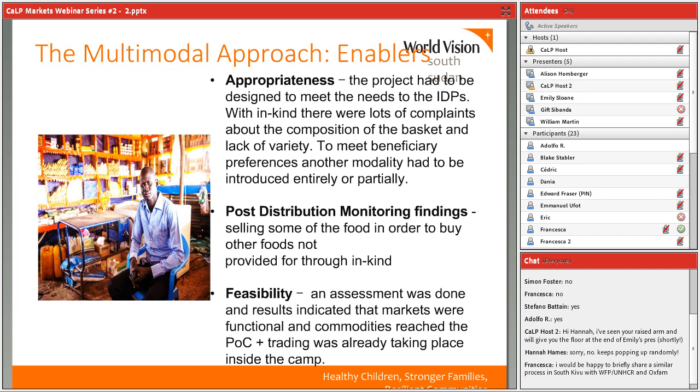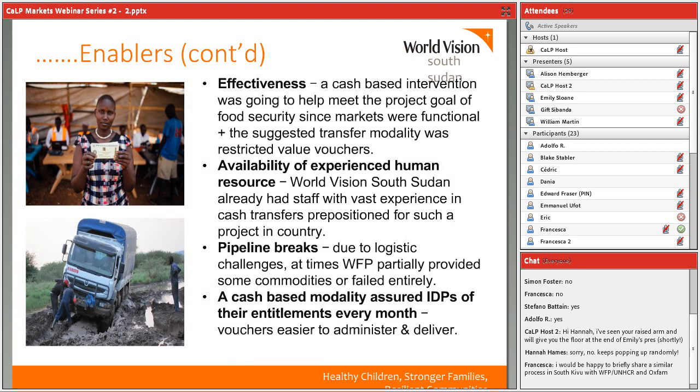Also, post-distribution monitoring findings indicated that some of the food was being sold because of the modality that we were using. So we also undertook a feasibility assessment, and the results indicated that markets were functional, commodities were available and reaching the POC, and trading was already taking place inside the camp.